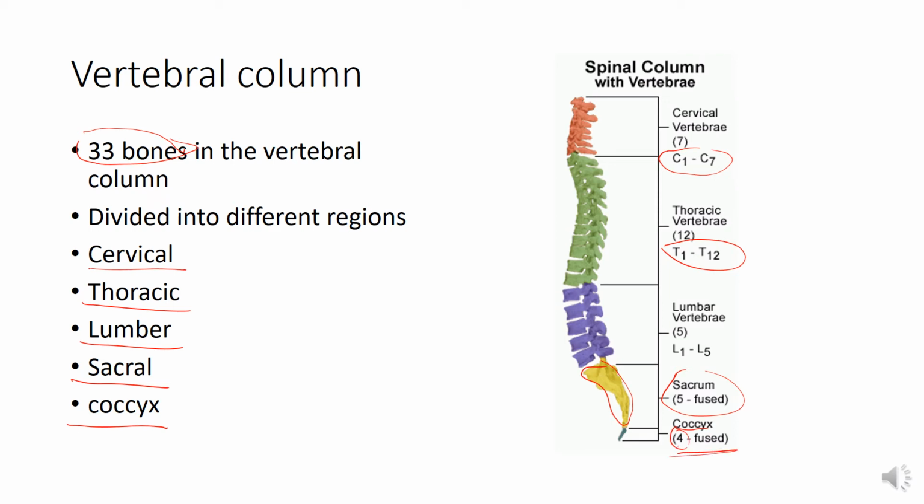So we have the 7 cervical, 12 thoracic, that is 19, and 5 lumbar, 20, 21, 22, 23, 24, and two separate bones, 25 and 26 bones in the vertebral column.